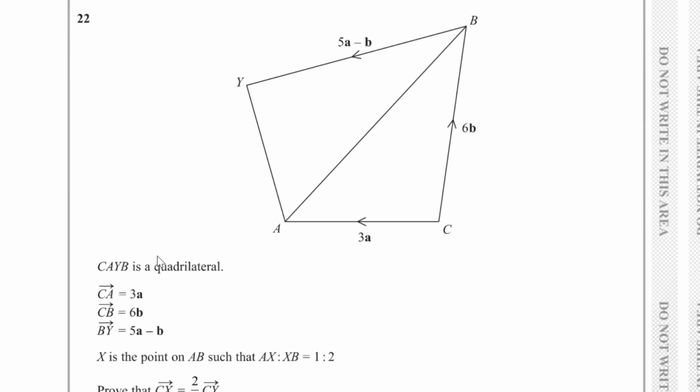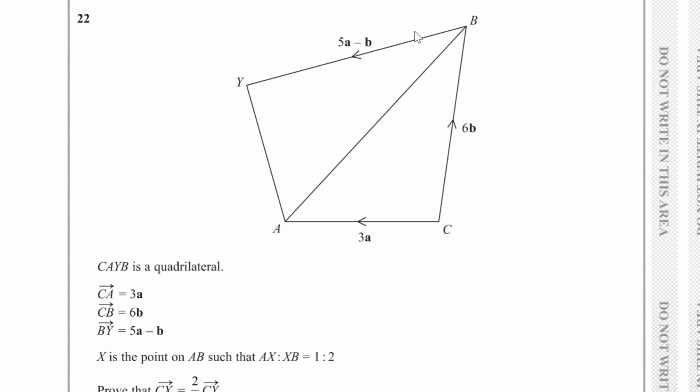Question 22. CAYB is a quadrilateral. CA is equal to 3a, that's what we see here. CB, that's 6b, and BY is 5a minus b. X is the point on AB such that the ratio AX to XB is 1 to 2.